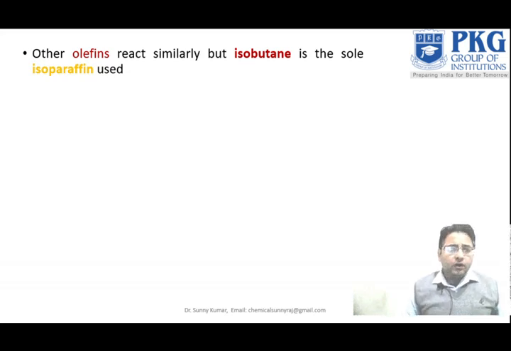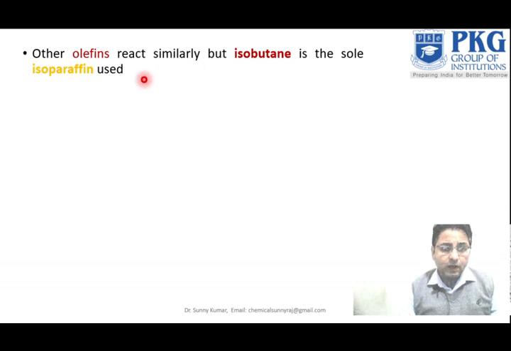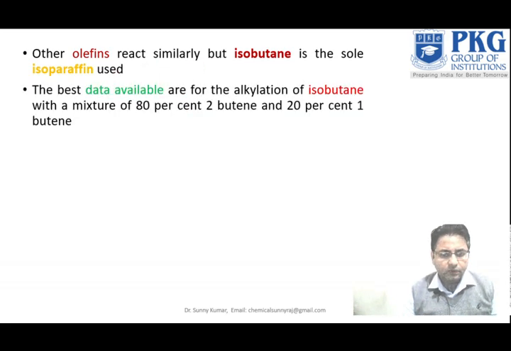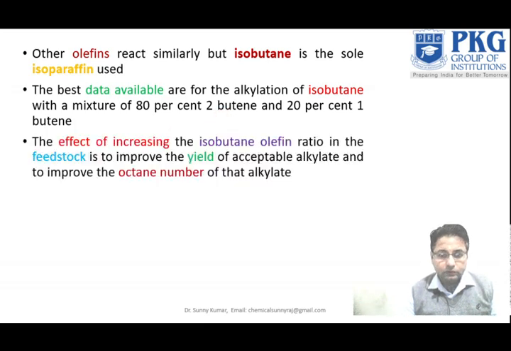The other olefins react similarly, but isobutane is the sole isoparaffin used. The best results are for the alkylation of isobutane with a mixture of 80% 2-butene and 20% 1-butene. The effect of increasing the isobutane to olefin ratio in the feedstock is to improve the yield of acceptable alkylates and to improve the octane number of that alkylate.